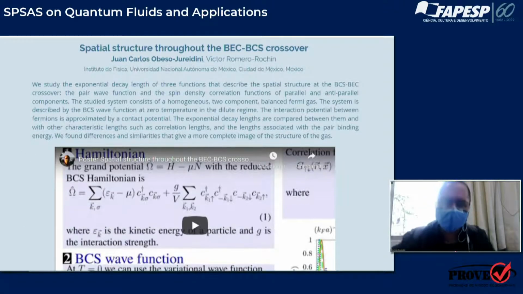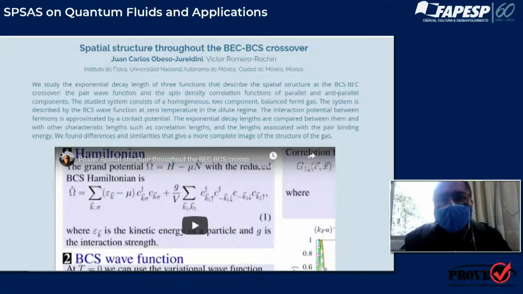Well, the poster is about 3 functions: the pair wave function, and the density correlation functions between opposite spins and parallel spins of a 3-dimensional Fermi gas with equal population of spins. The main results we show are the large distance behavior of the 3 functions.